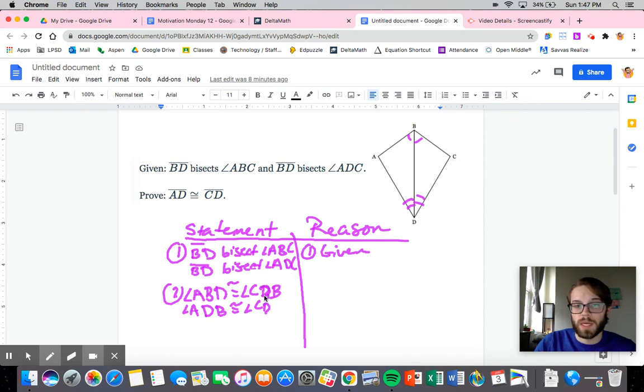Oops, sorry, that should have been a B. Let me just clean that up. Okay, and well, what's that? That's just what it means to be an angle bisector, right? We know if it's an angle bisector, it's going to cut it into two congruent parts.